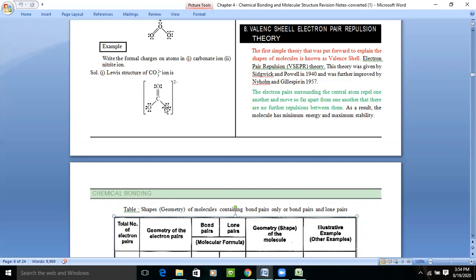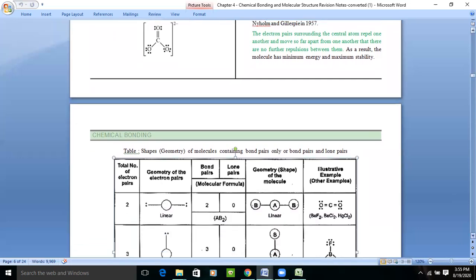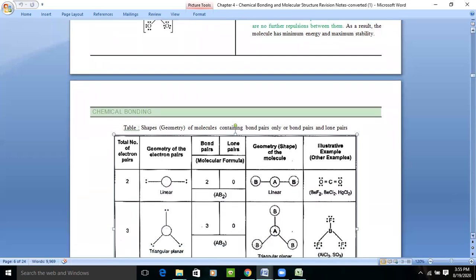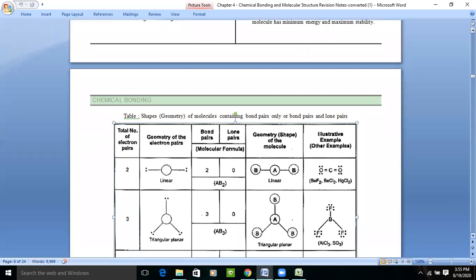Because these are the same type of species, and we know same poles repel each other, they push each other and attain a position where they feel minimum repulsion and maximum stability, which ultimately leads to the shape of the molecule. They take a position around the central atom where they experience minimum energy and maximum stability.